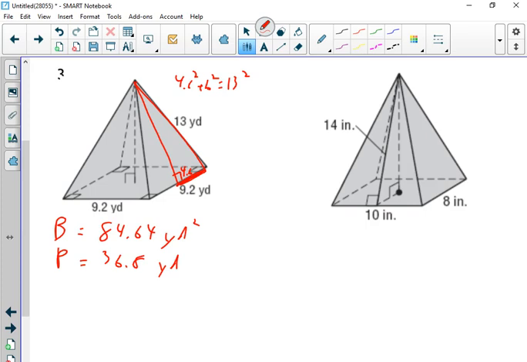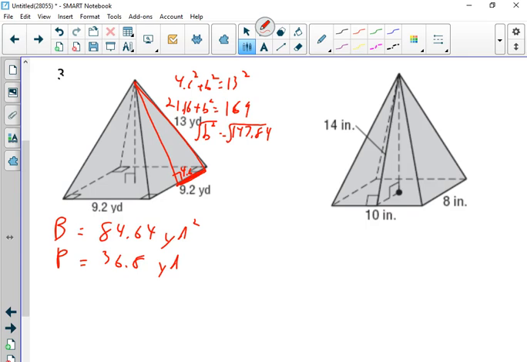So 4.6 squared is 21.16 plus b squared equals 169. Subtract 169 minus 21.16, we get b squared equals 147.84.